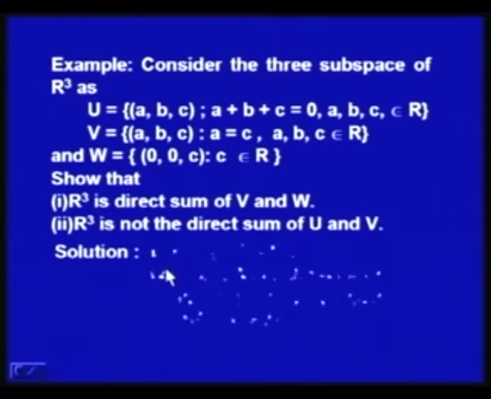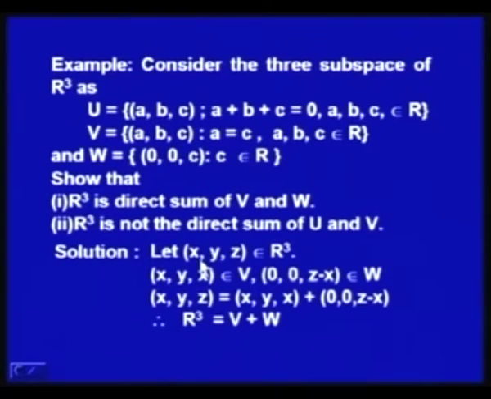So, the solution, we consider (x, y, z) belonging to R cube and we prove that any vector in this can be written as a sum of a vector from V plus a vector from W, that is the first part. So, let us say (0, 0, z minus x) belongs to W. W is of the form (0, 0, c), so I will take c as z minus x.